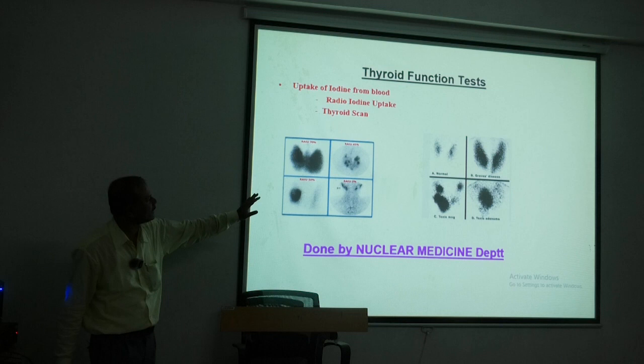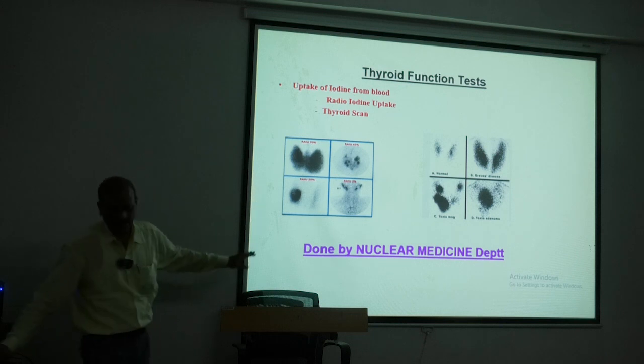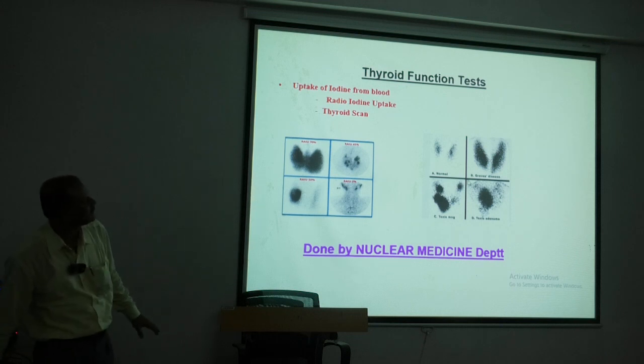And this is called thyroid scanning. Now you can see, this is a normal one, and if there is a modest uptake, you will get a picture like this. If there is a toxic mass, a tumor, you will get it like this. These structural changes are not part of today's discussion.